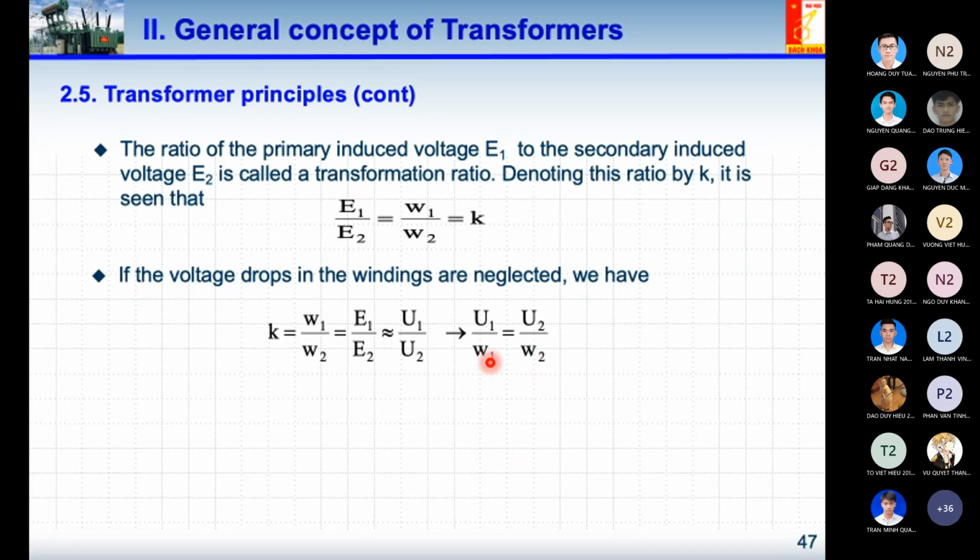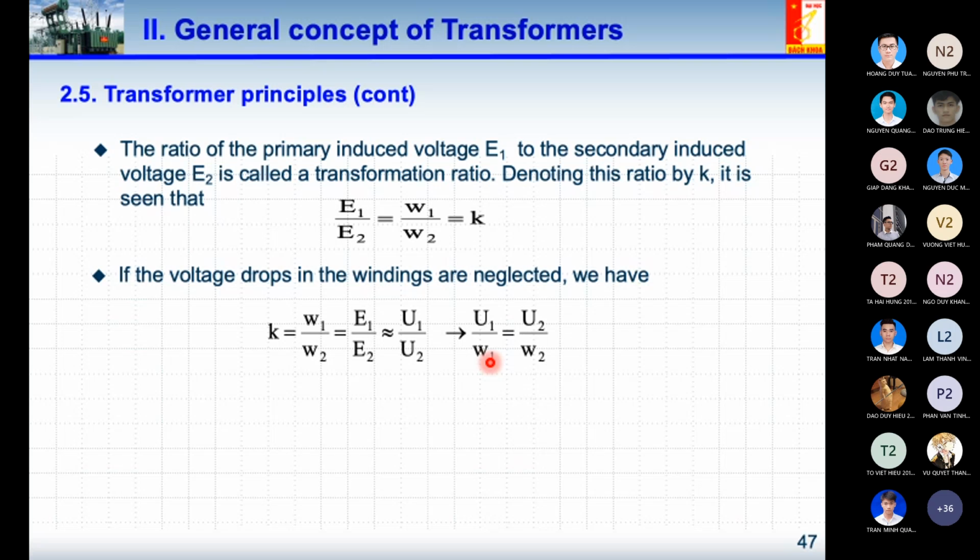For example, in practice, if U1 changes, it varies, leading to variation of the voltage value of the secondary winding, U2. Now have a look at this expression carefully.